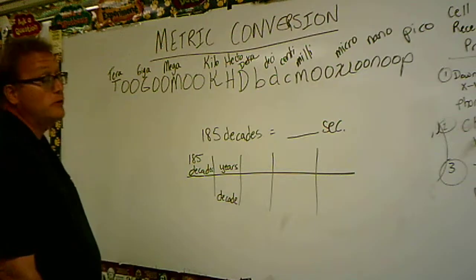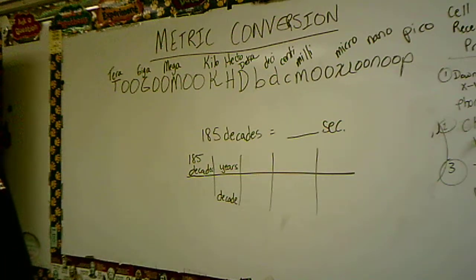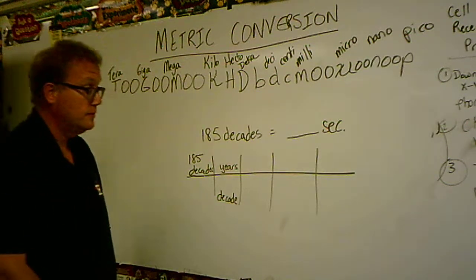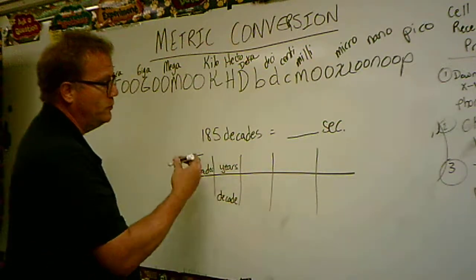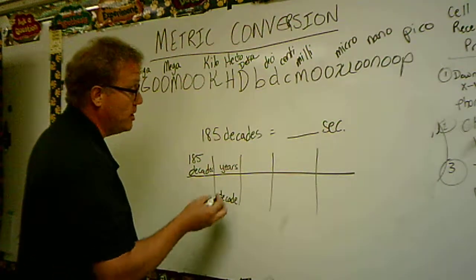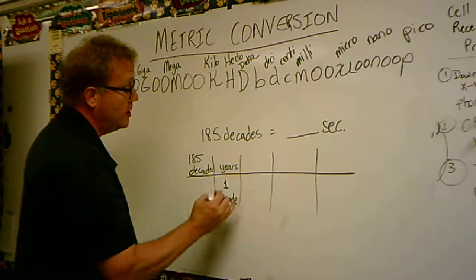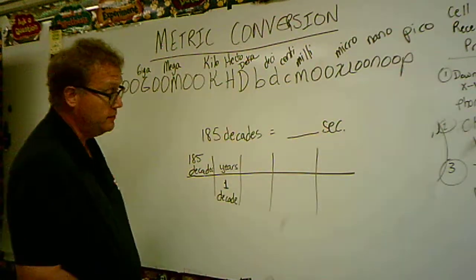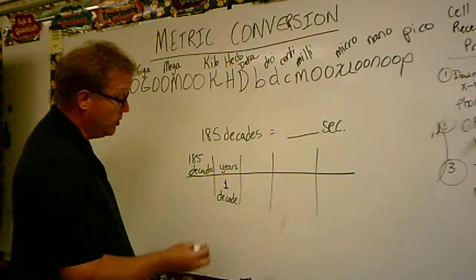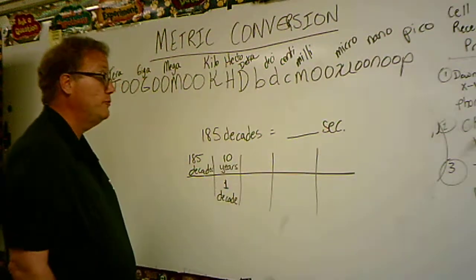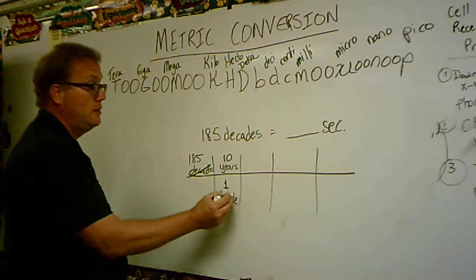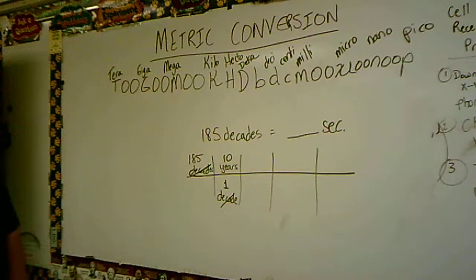And it doesn't matter what the conversion factor is, just as long as it's correct. I don't know many that go from decades to hours. That would be a problem. Or days. So I have 1 decade, which is the big one. We always look at the big one. And I have 10 years and 1 decade. Those canceled out.